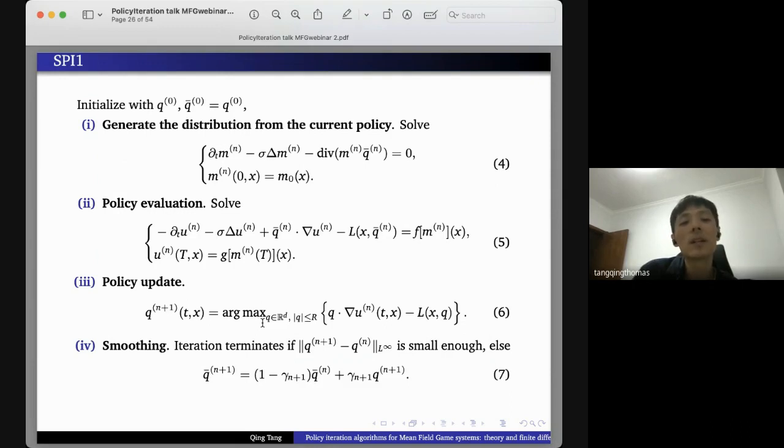I get a U, then I do a greedy update Q. Then I don't use the Q directly, but do some kind of averaging, smoothing, to get a Q bar. That's all. It's like fictitious play, but here everything is linearized. So each step I'm solving a linear equation, so it'll be good for the finite difference method.